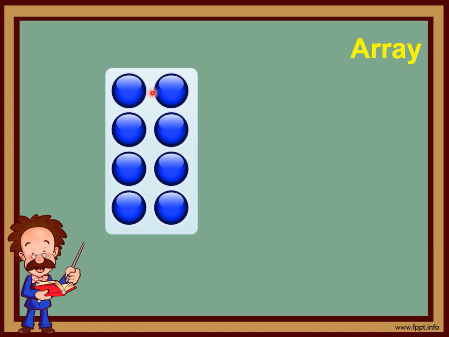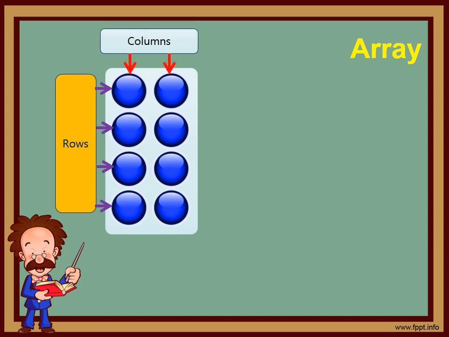So what do we call this? Do you remember? Yes, these are called rows. Row, row, and this is a row. So how many rows do we have? One, two, three, four. Okay, and we arrange them too, what do we call these? We call them columns. How many columns do we have?